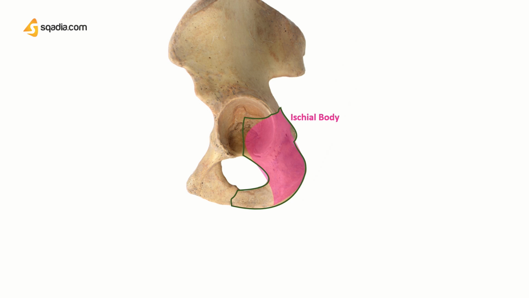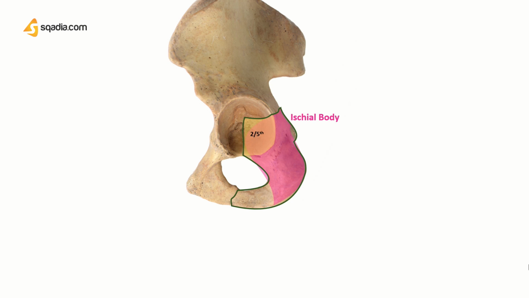The upper end basically is forming the posterior-inferior 2/5 of the acetabulum, as we know that the ilium, ischium, and the pubis are all contributing to this shallow depression, which is known as the acetabulum.